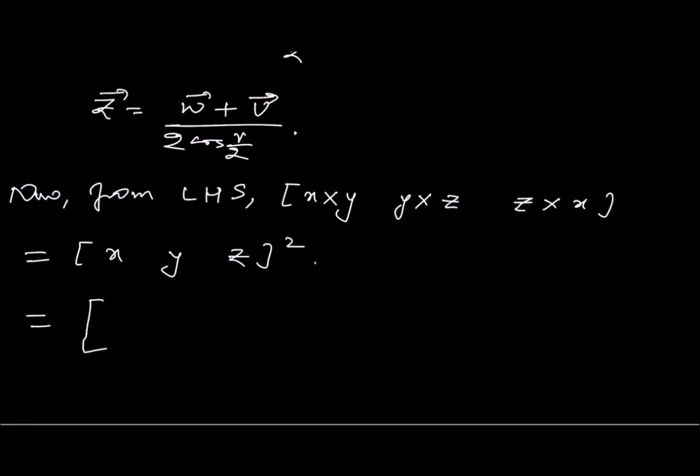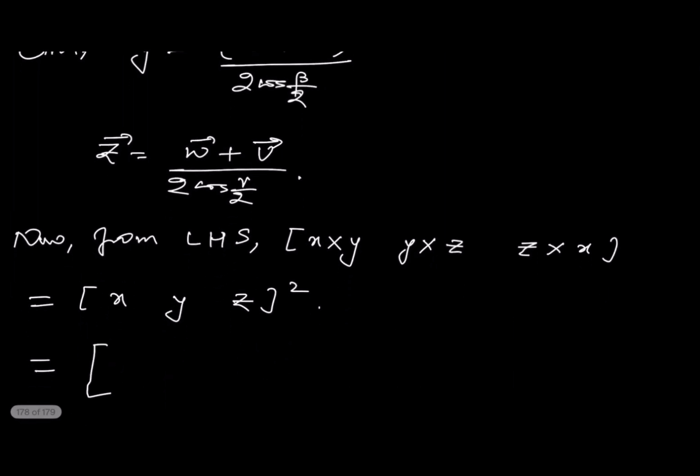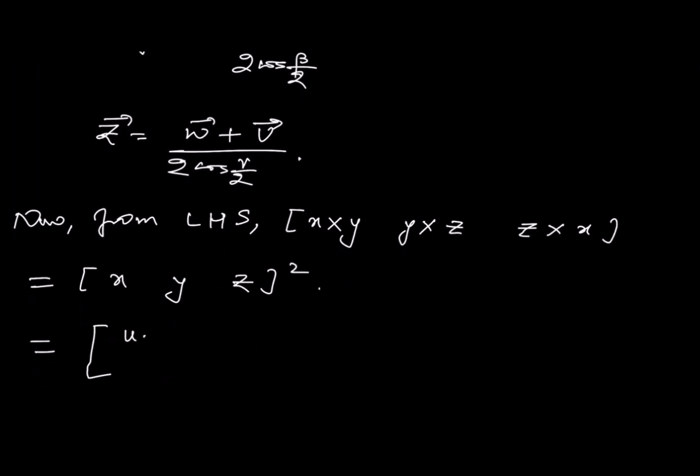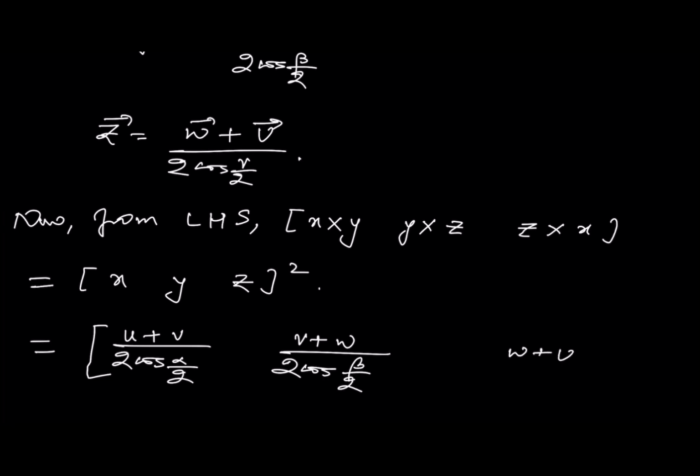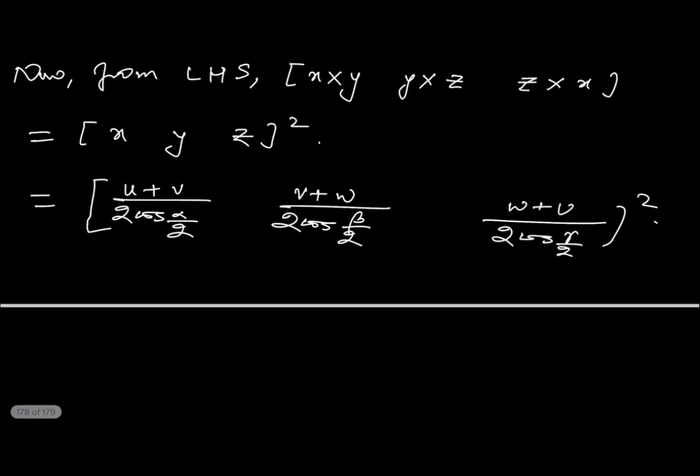So x is u plus v upon 2 cos alpha by 2, y is v plus w upon 2 cos beta by 2, and z is w plus u upon 2 cos gamma by 2, right, whole square. Now I am taking the denominator out.